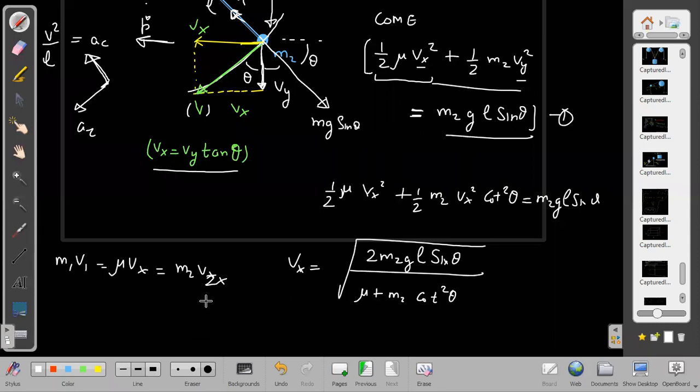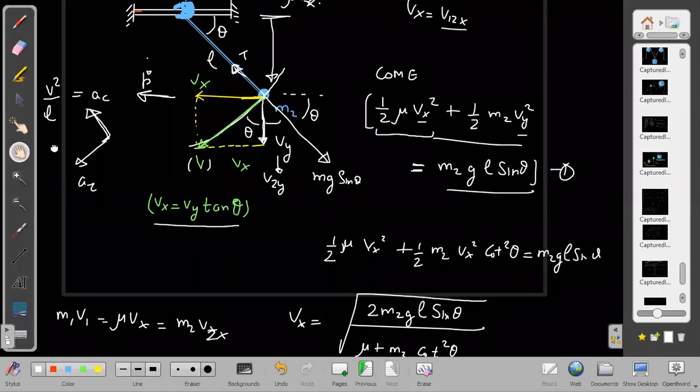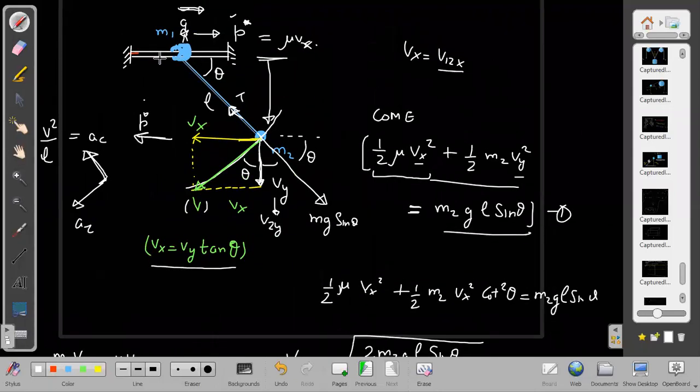And then what is V2 net? V2 net we can obtain as this Vy is also V2y. This is the velocity of 2 along the y-axis in the ground frame also. It is the same in the ground frame, and in the relative frame also it is the same. The reason is that this upper bead is not moving in the vertical direction relative to the block. It has only horizontal velocity.